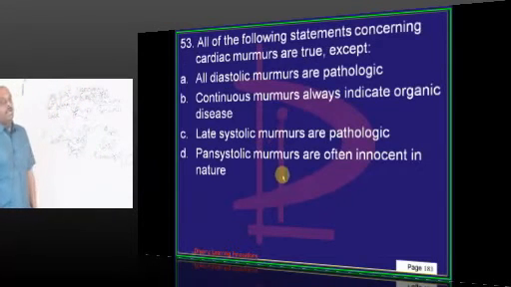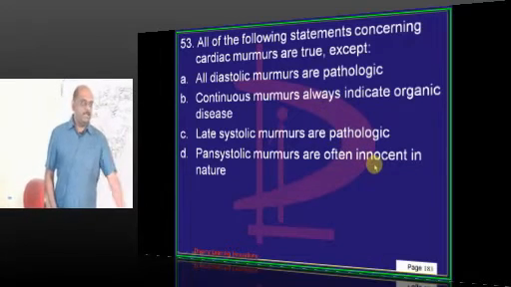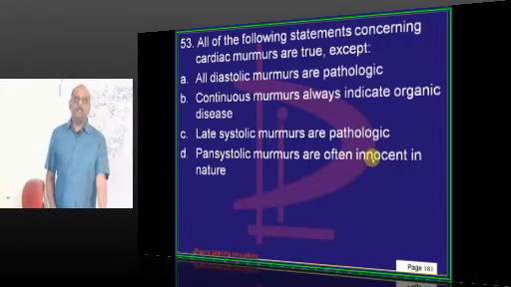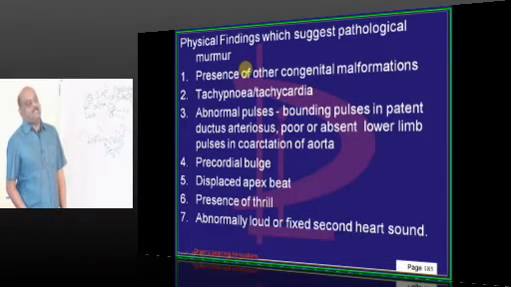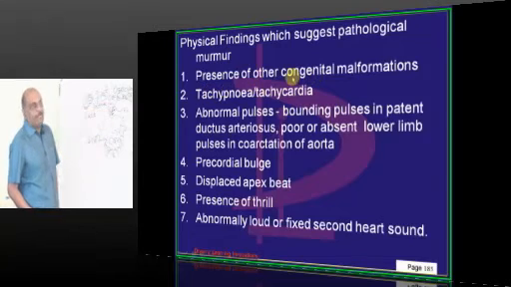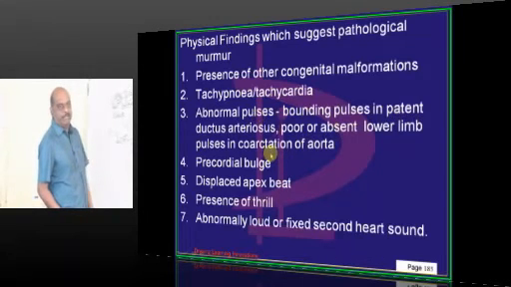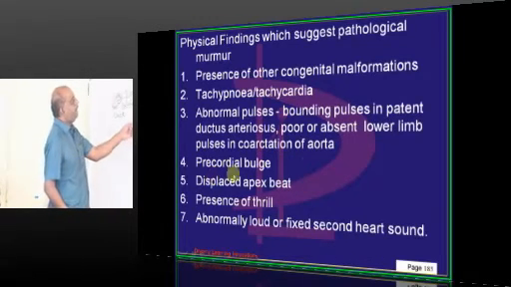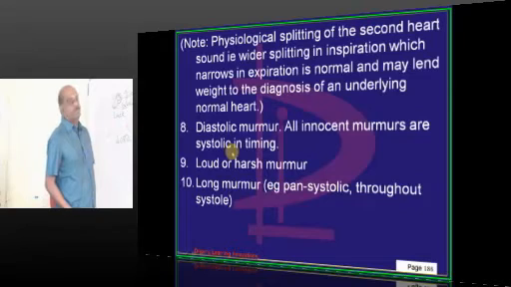Now, coming to cardiac murmurs, what features suggest that a particular murmur is a benign, innocent murmur? There are certain important parameters. What suggests it is pathological? Any congenital malformation with murmur is pathological. Tachypnea and murmur, pathological. Abnormal pulses like bounding pulse along with murmur, pathological. Precordial bulge, displaced apex beat, presence of a thrill, abnormally fixed sound, or any diastolic murmur is pathological.